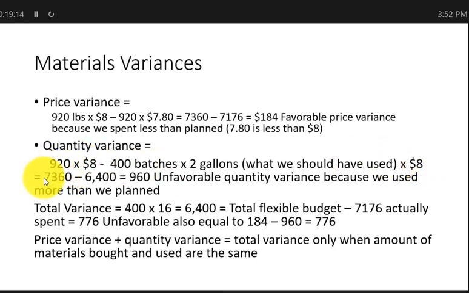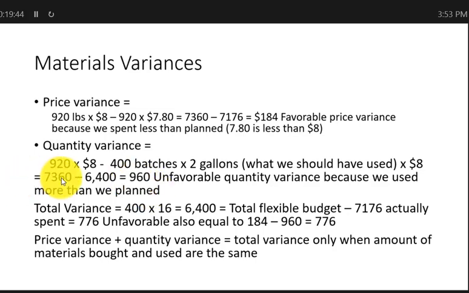So we used 920 gallons when we should have used 800. When we convert that to dollars, we take the 920 times $8, we get $7,360. We take our 800 gallons we should have used times $8, and that's $6,400. The difference is $960. Did we use more or less?